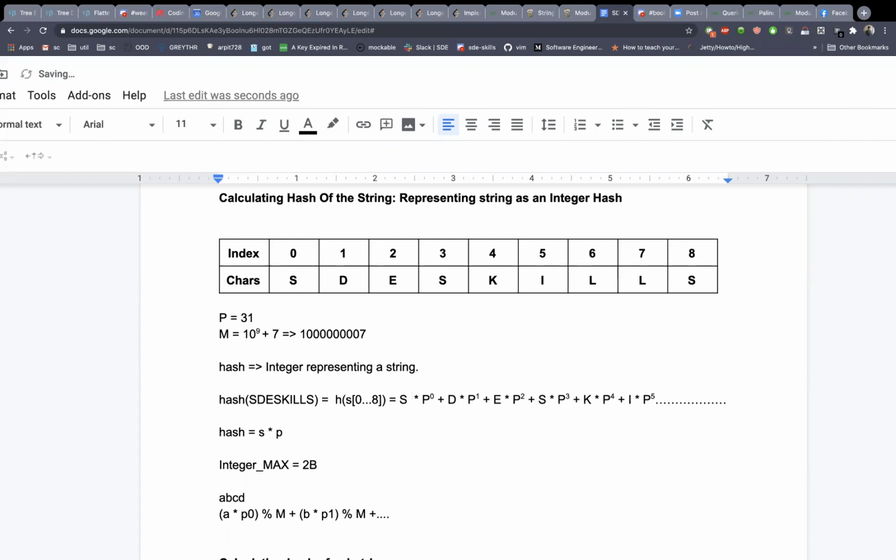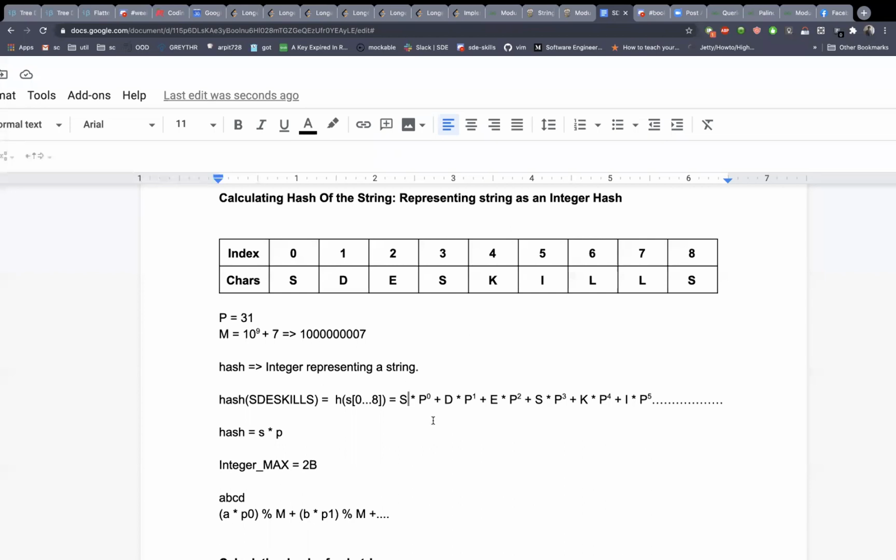So I think that would solve the problem. In this example, because we took P equal to 31, we need to do that. Suppose we take P as a bigger number, then probably we can just directly take the ASCII value also.